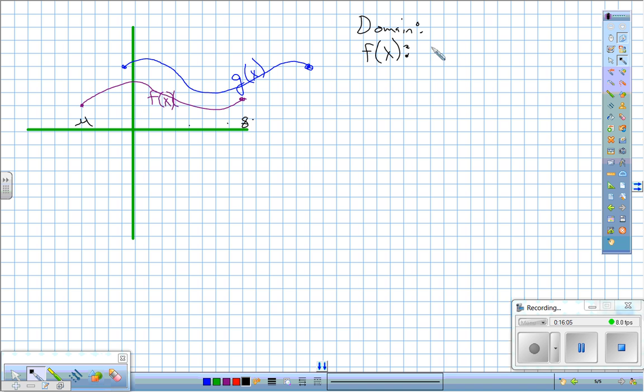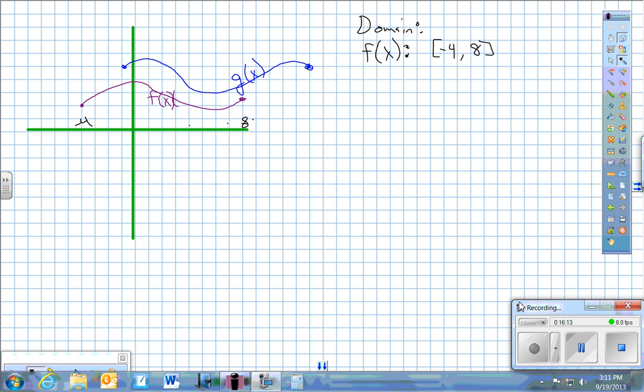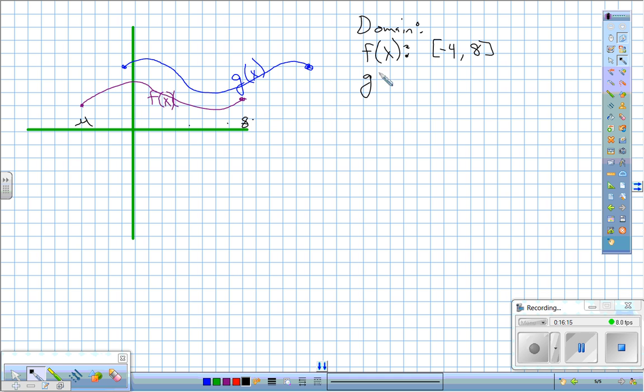So the domain here would be, since I have closed dots, -4 to +8. The domain of g of x, I'm sorry, is from -1 to, that was 8, 9, 10, 11, 12, 13.